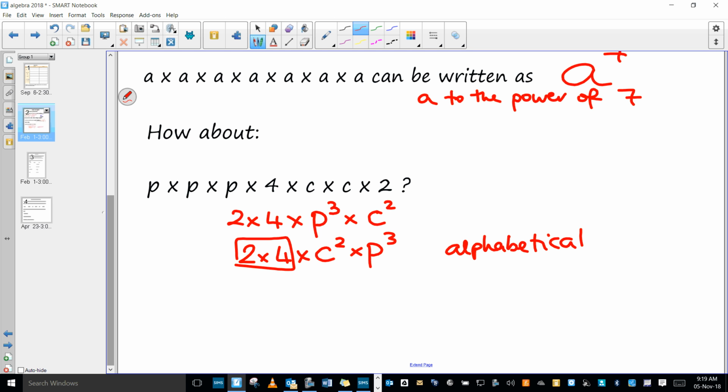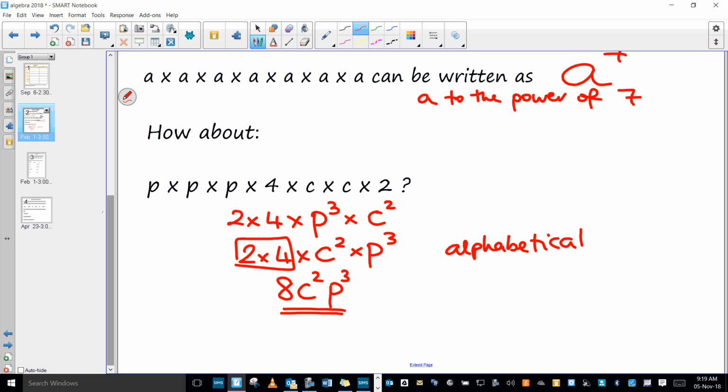So I would have 8. Now, what did I say? I said mathematicians are lazy people. So what we would also do is ditch our multiplication signs. So I would just write 8c squared p cubed. And that would be my final answer.